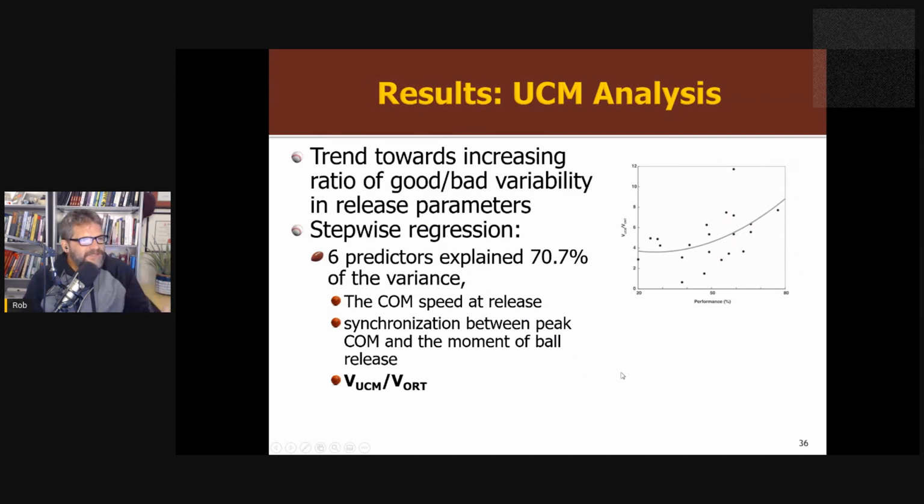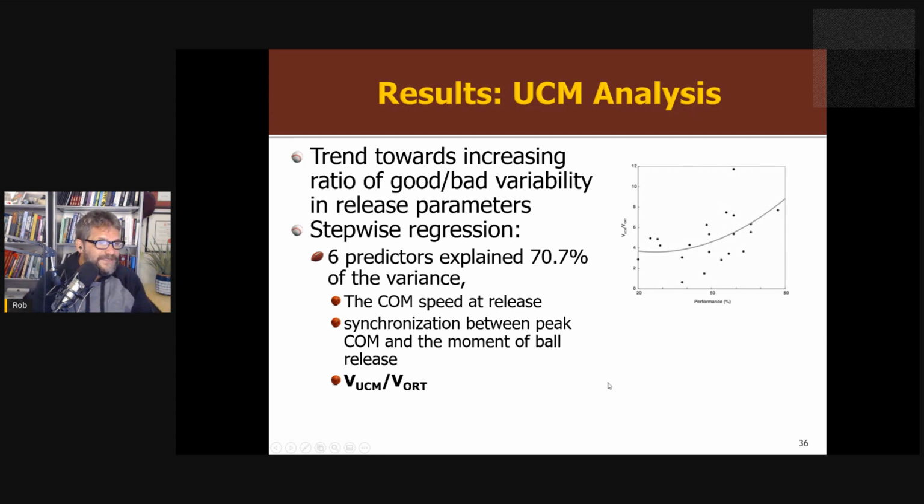What they found was there's kind of a trend. They didn't find super strong evidence as we find with other tasks. So this was, remember, free throw shooting. What they found was the ratio of good to bad variability increased with people that were better performers, right? And they had a model where they tried to predict performance, free throw success.